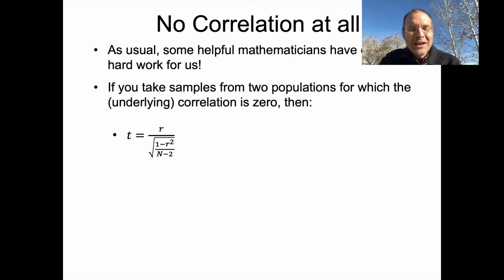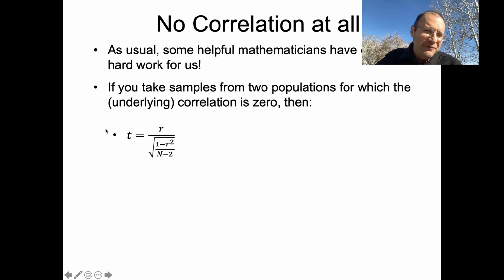But in this particular case, they worked out the fact that if you take samples from two different populations for which the underlying correlation is 0, then you're going to get a variable t, distributed in a t distribution shape, which will be equal to r divided by the square root of 1 minus r squared, there it is again, divided by n, the number of items in the samples, minus 2.